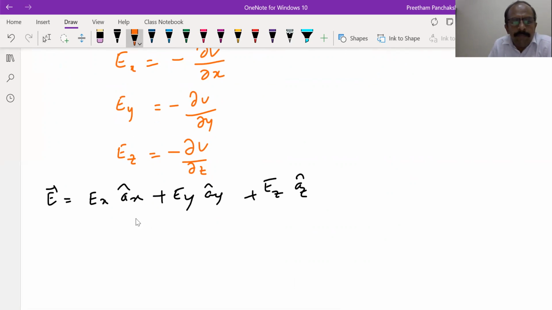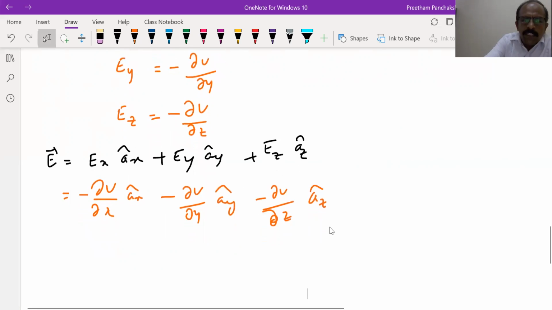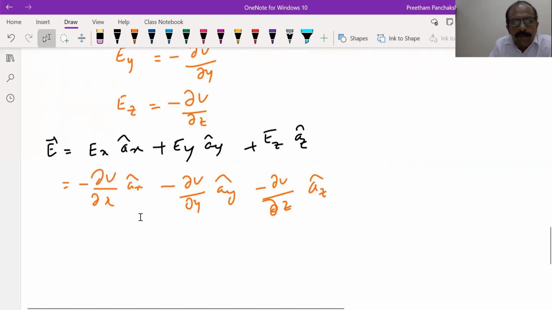Now just by substituting for the components, we have minus dou V by dou x a cap x minus dou V by dou y a cap y minus dou V by dou z a cap z. So electric field is expressed as partial derivatives in vector form.